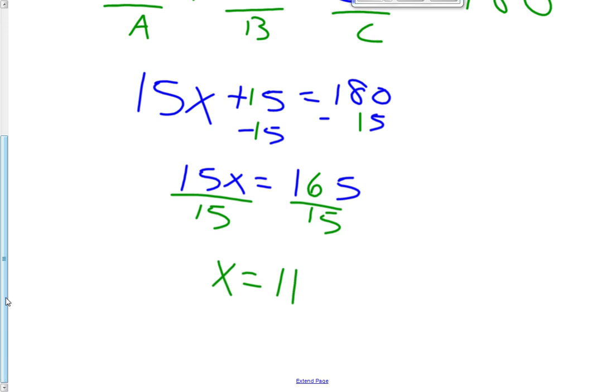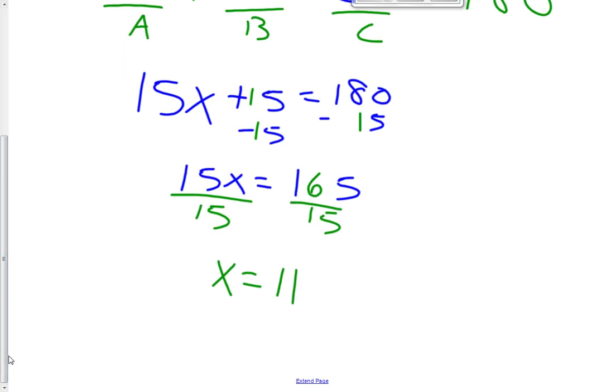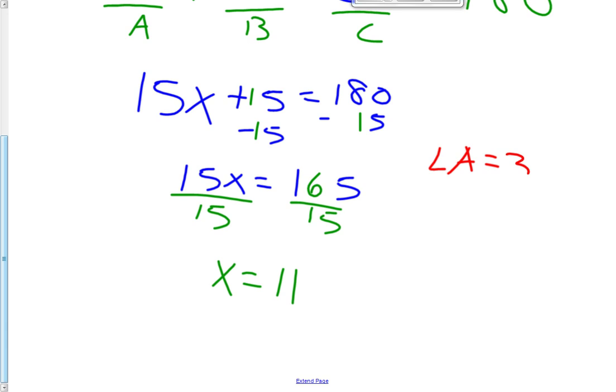So x equals 11. Let's see what we want to find for this problem. It says find the measure of each angle of the triangle. Well, angle A is 3x plus 8. And x is 11. So we take 3 times 11 and get 33. And 33 plus 8 is 41 degrees.